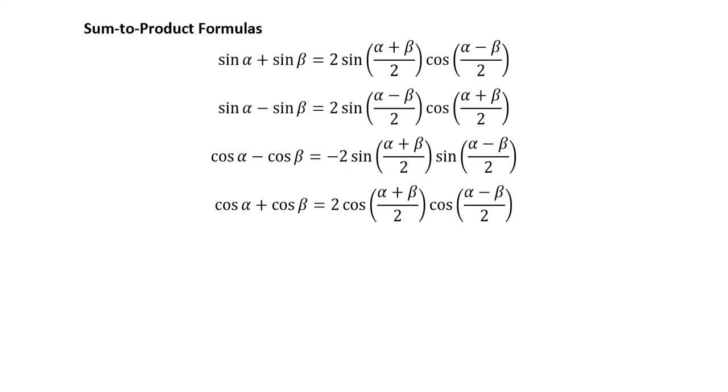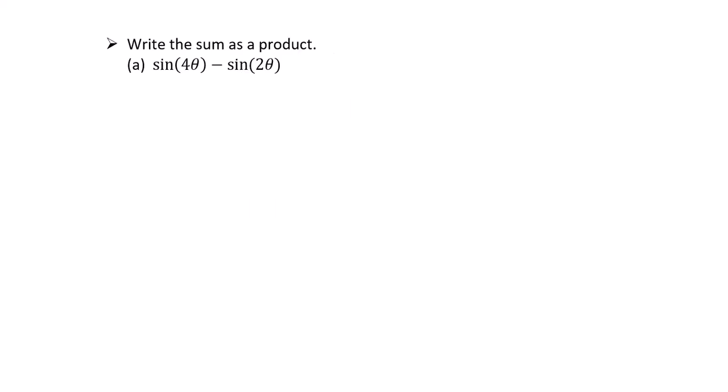And here are all of your sum to product formulas. Write the sum as a product. Sine 4 theta minus sine 2 theta. Our formula says that 2 sine of 4 theta minus 2 theta over 2 times the cosine of 4 theta plus 2 theta over 2 is the way to write that as a product.